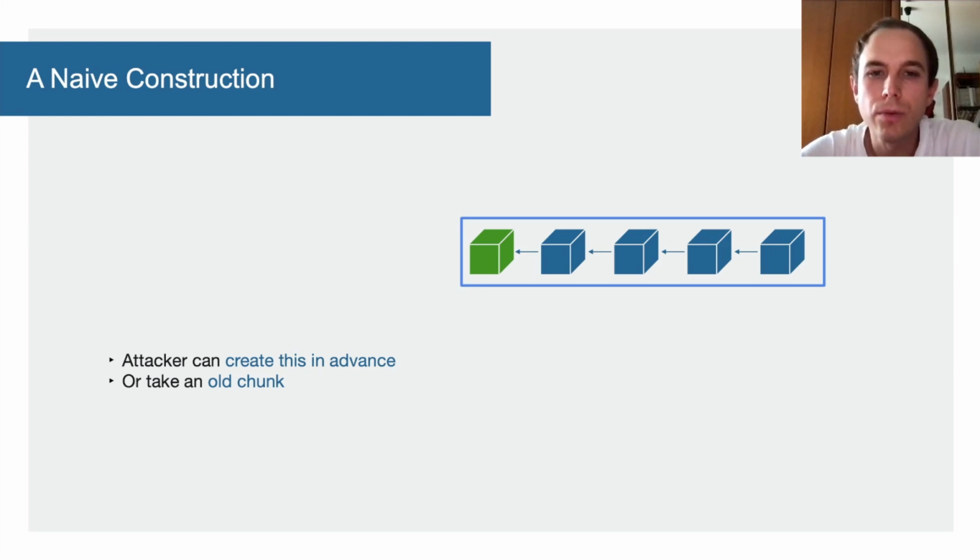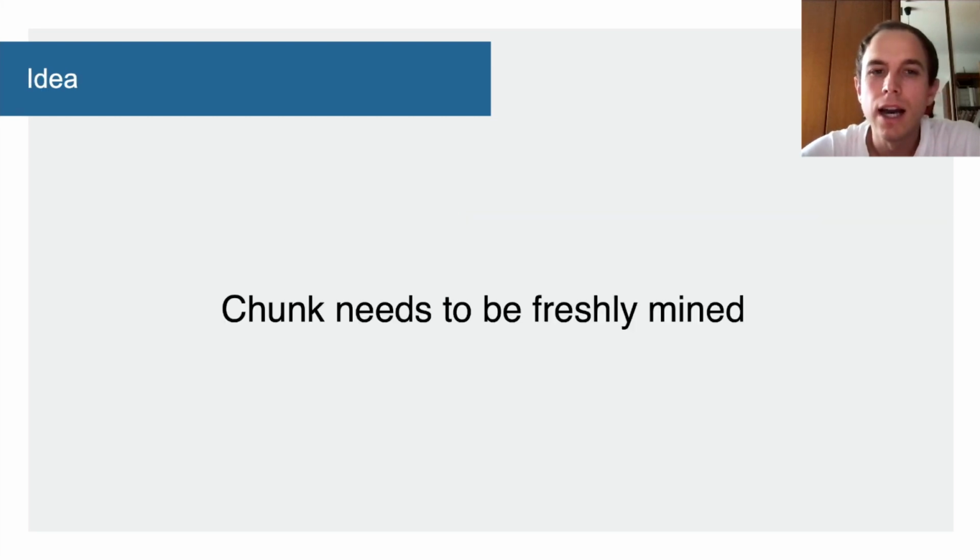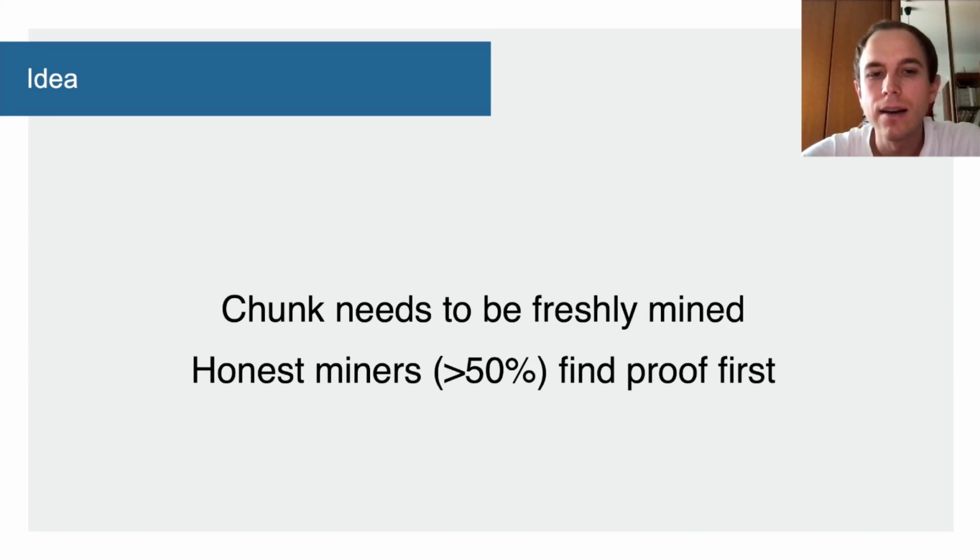So this is not what we want. The idea to fix this would be to somehow force that this chunk is freshly mined. If we force this to be freshly mined, then the rationale why this would work is that now the honest majority of miners will find such a proof first.